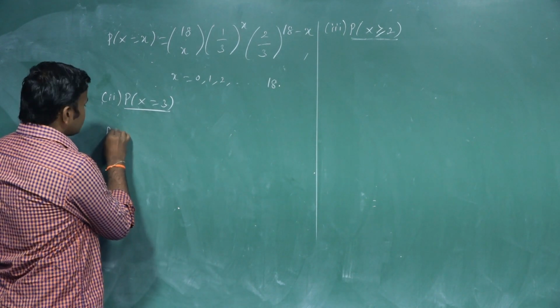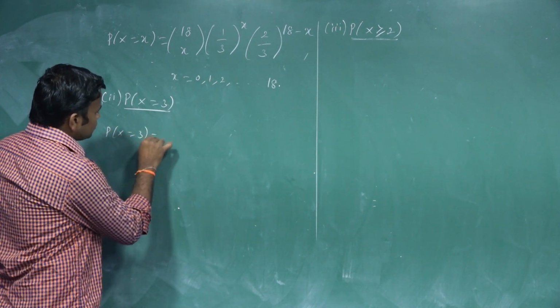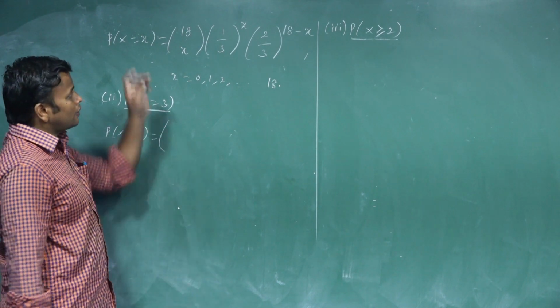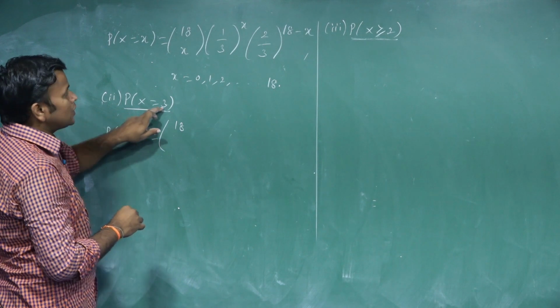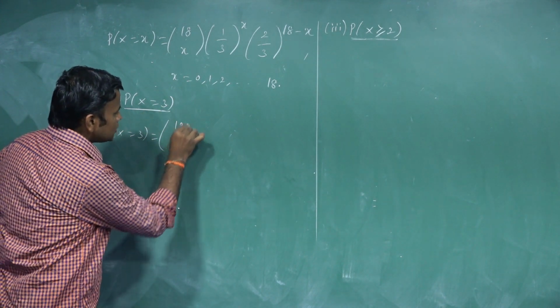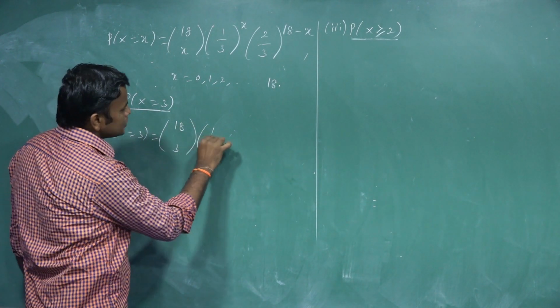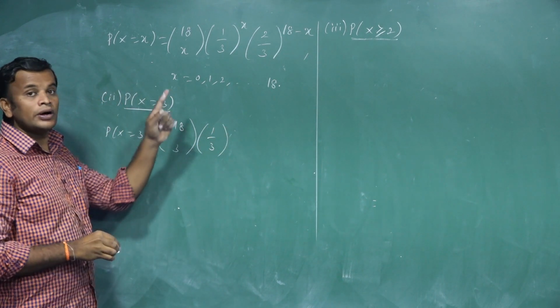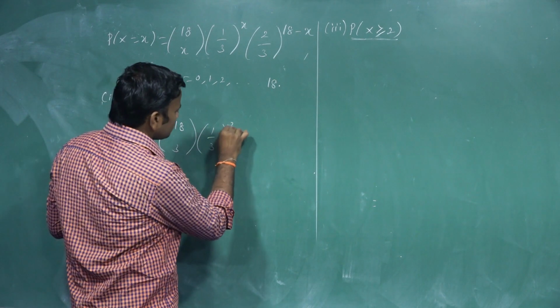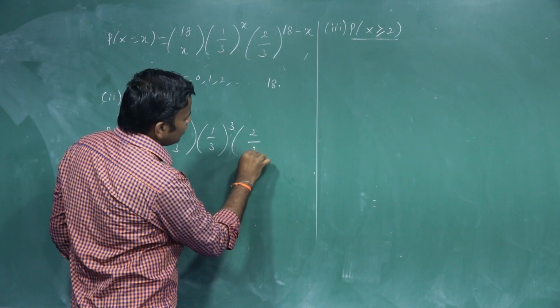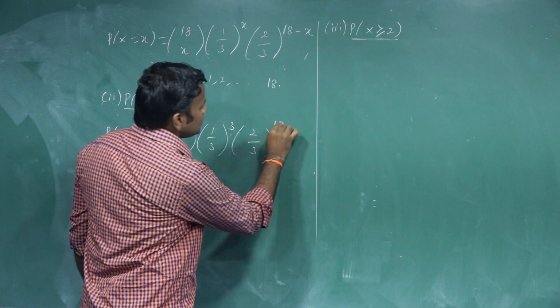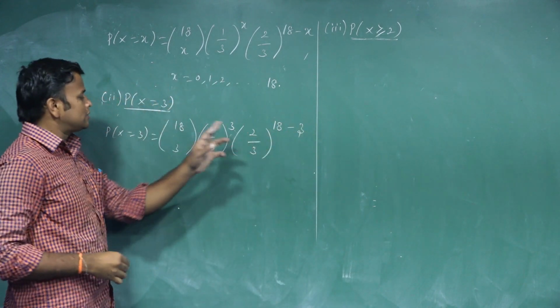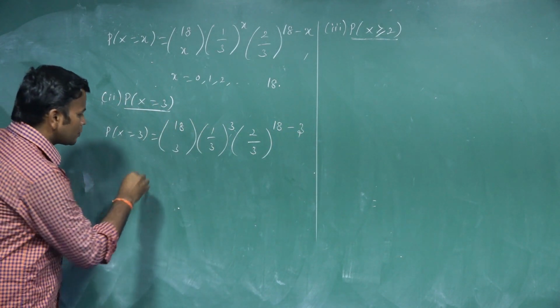So P of x is equal to 3. In this formula we just replace x by 3. 18C3, 1 by 3 whole power, the value of x is here 3, and 2 by 3 whole power 18 minus x, that is 18 minus 3.